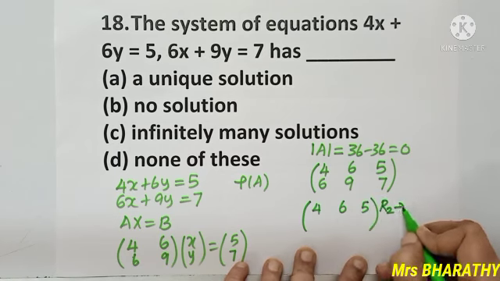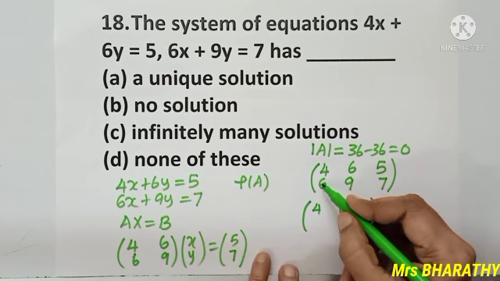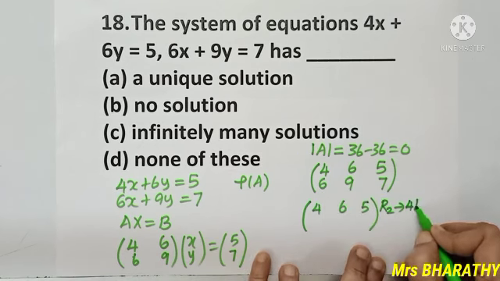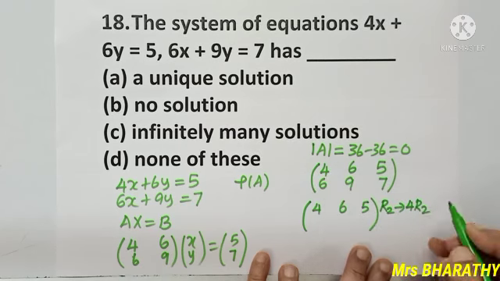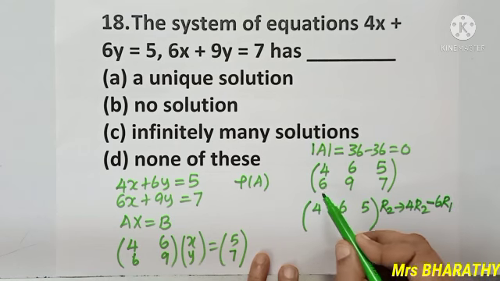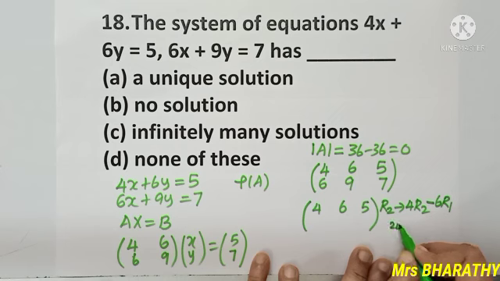R2 becomes 4R2 minus 6R1. 4R2: let me multiply by 4. 24, 36, 28.